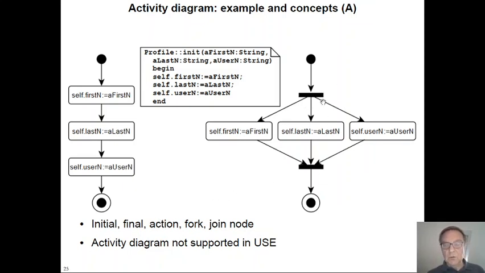There are two further elements in the activity diagram, namely the fork and the join element. The flow of control splits here and is brought together over here. The flow of control is split by the fork and is joined again by the join node. And so you can have these assignments in any order.